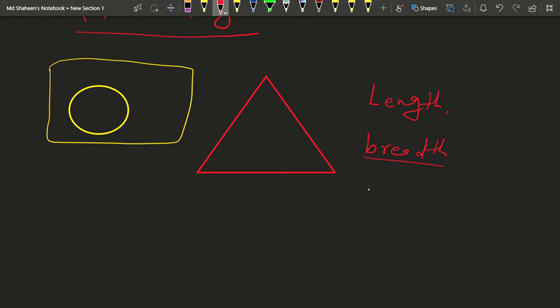But if something is like this, say we cut here and it's a curve like this, this is not a closed figure. It is an open figure. Why? Because this figure has a starting point and an ending point. So this is not a closed figure, but this one is a closed figure.